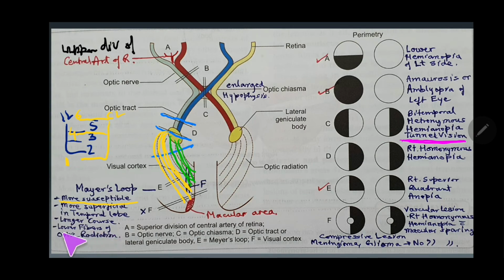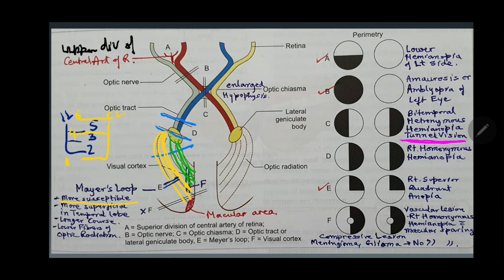Lower fibers of the optic radiation represent the lower half of the retina, and the vision they capture is from the upper half of the visual field. So what happens if we talk about the lesion here?